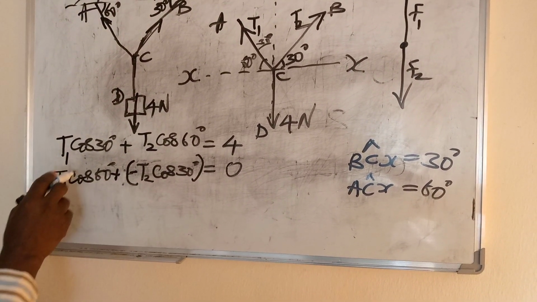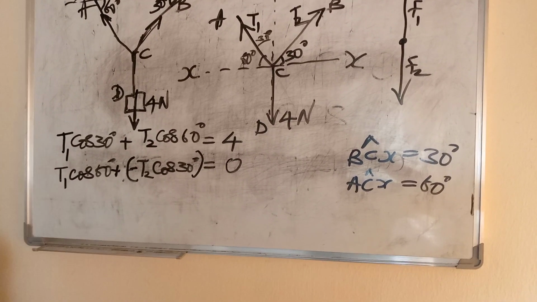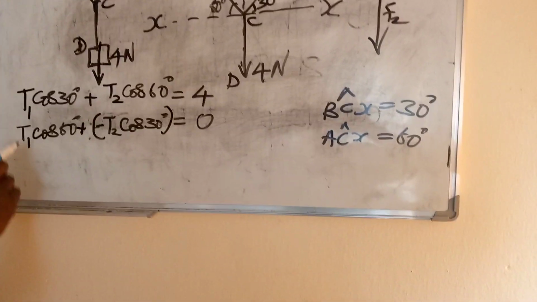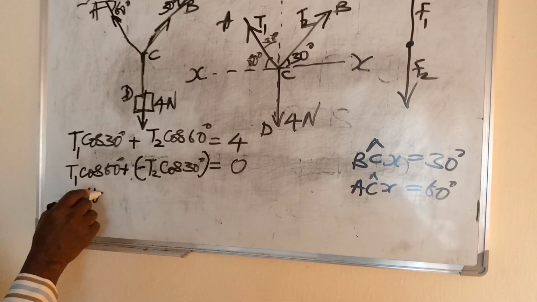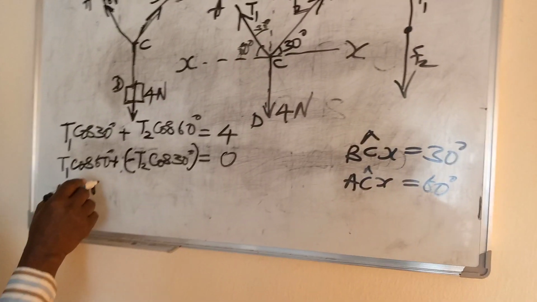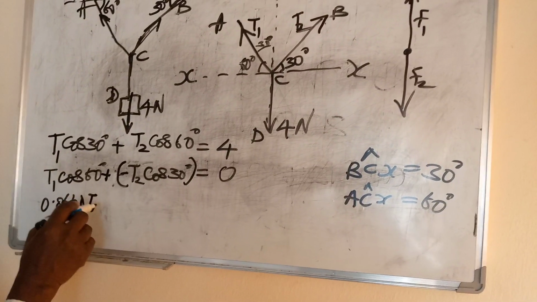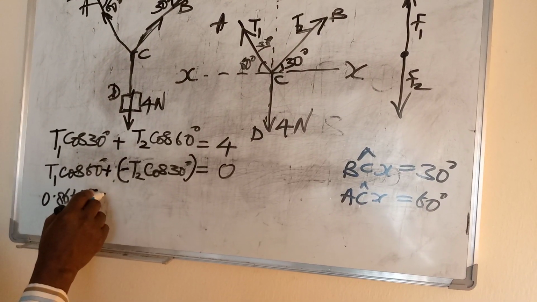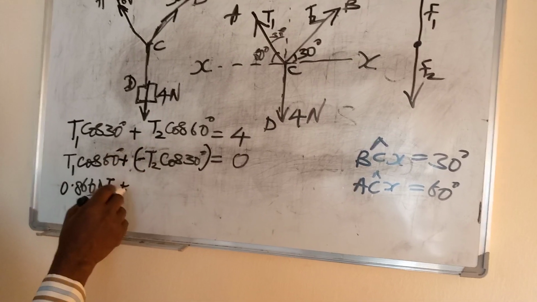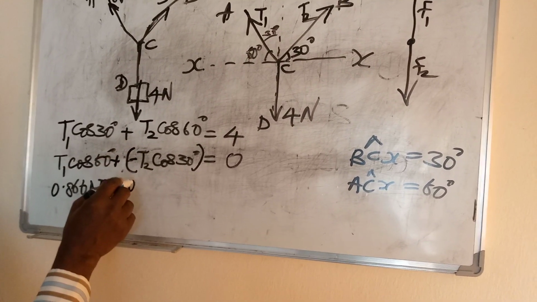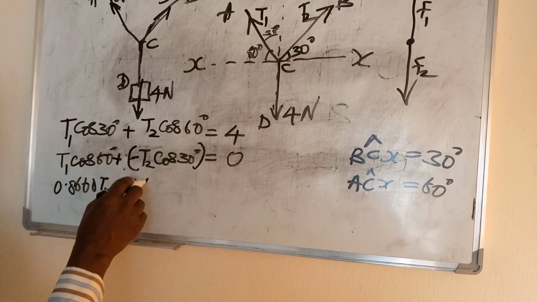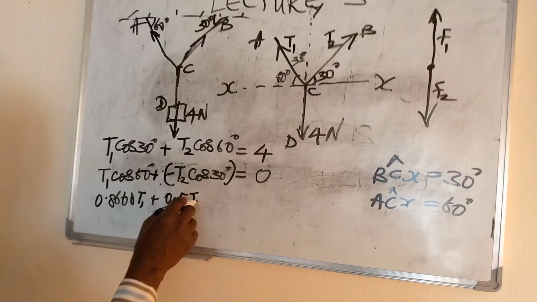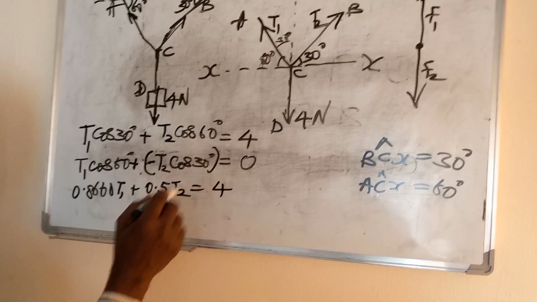So that means here cos 30 is 0.8660 T1 plus cos 60, sorry, 0.5 T2 is equal to 4.